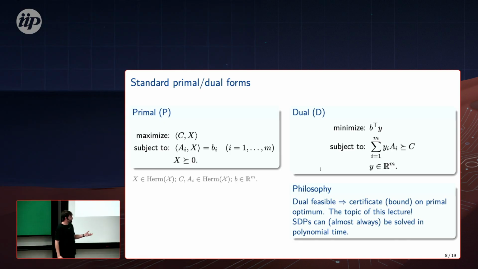And another nice thing about these SDPs is that, again under some mild conditions, they can be solved in polynomial time in the dimension of the matrices involved and the number of constraints. So this is also something that you can, at least in principle, do for dimensions that are not too big on your own computer. There are also standard packages to do this kind of stuff.